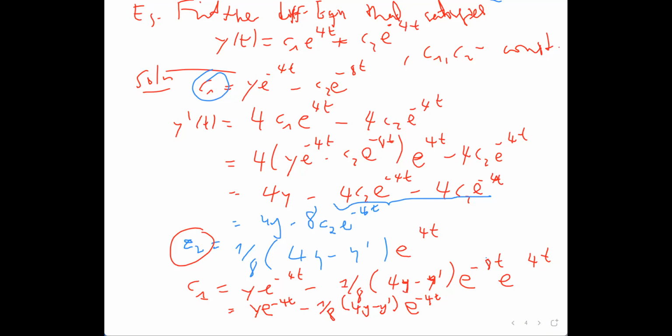So now if we have this, it means that we have C1 in terms of y' inside there. So we can go ahead and compute the derivative of that one.